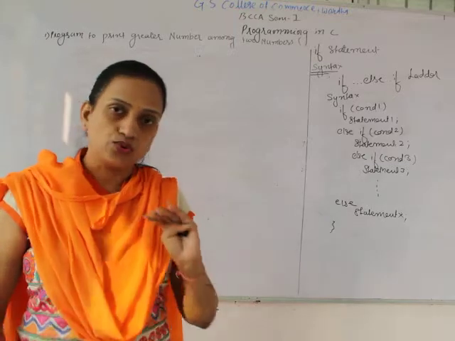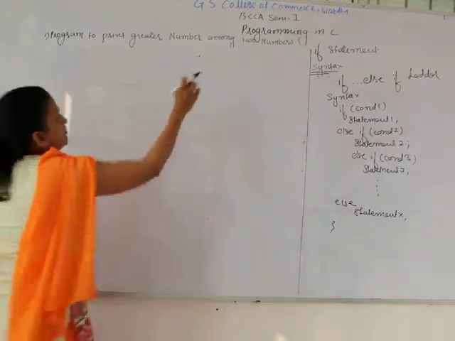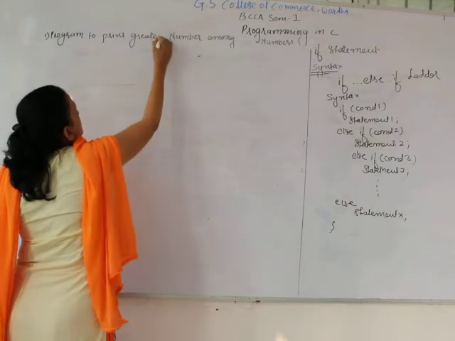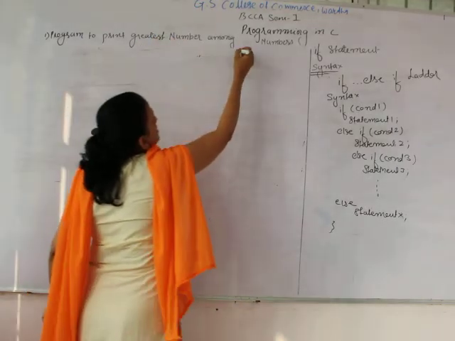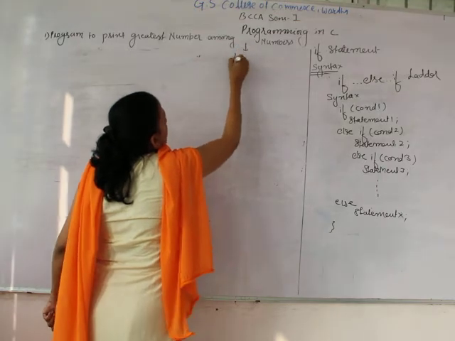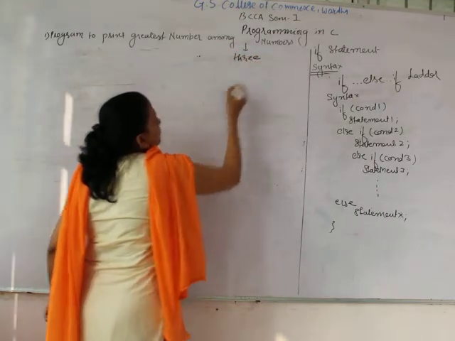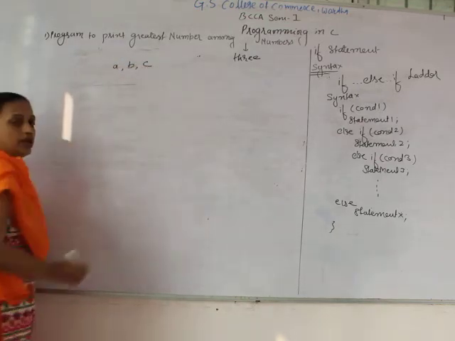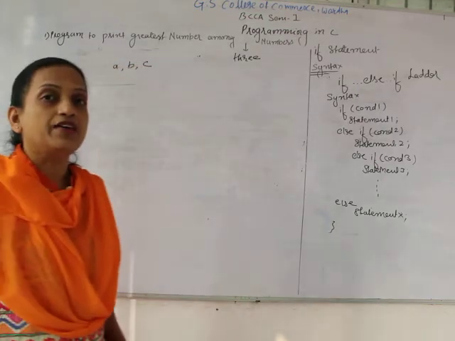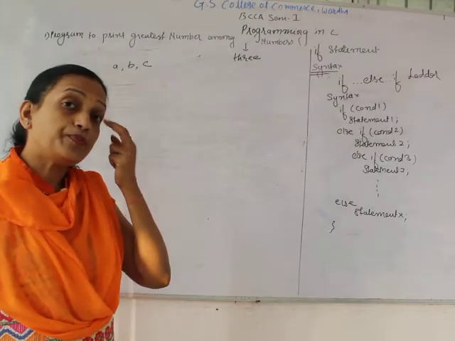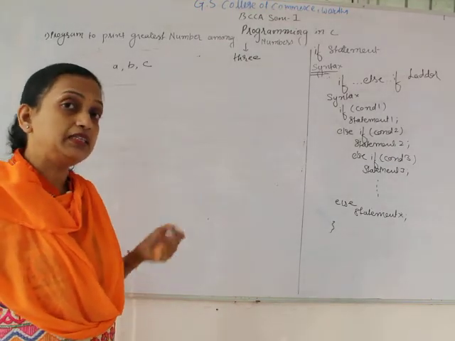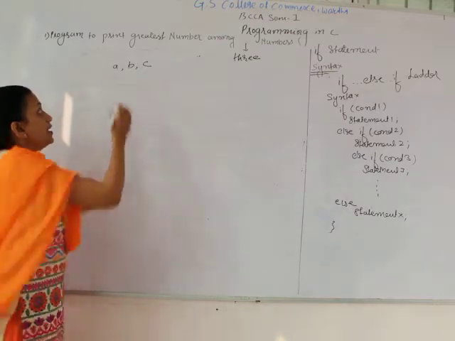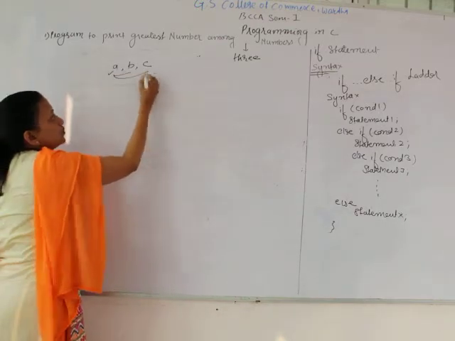So we are going to print the greatest number amongst three numbers. Now you want to input three numbers, A, B, C. So to print the greatest among three numbers, you have to compare this number with these two numbers.